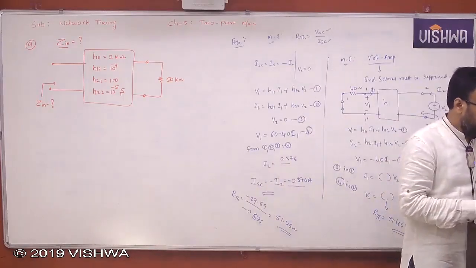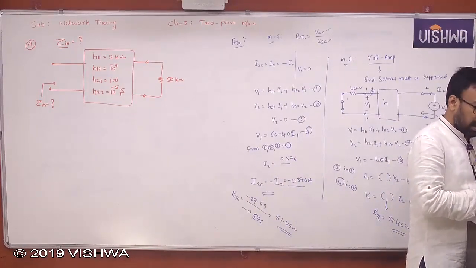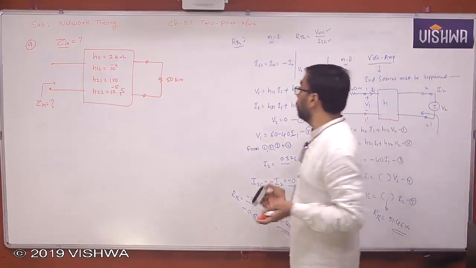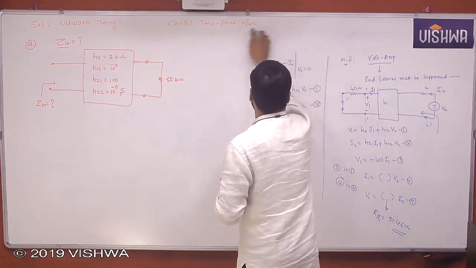Okay, whether it is input impedance or Thevenin's equivalent impedance, the procedure is the same in case of two-port networks. Yes or no?